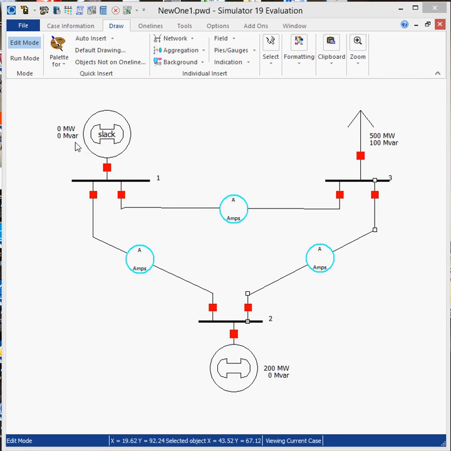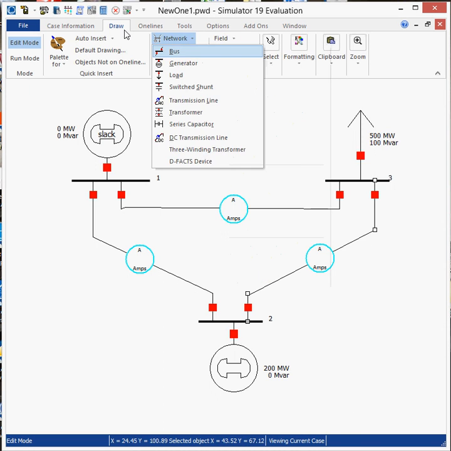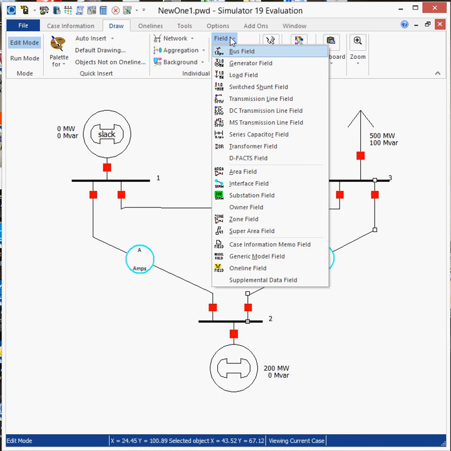Okay, so we need to display the voltage and angle at each bus. You can click on fill and select bus fill.